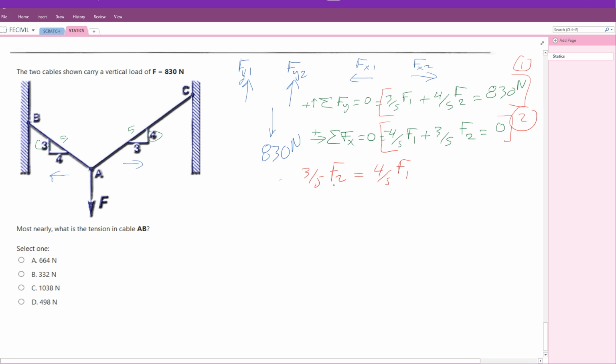Now I'm going to divide by 3 over 5 on both sides to get F2 by itself. From your earlier classes, you know to flip and multiply. The 5 cancels, and you end up with 4 over 3.